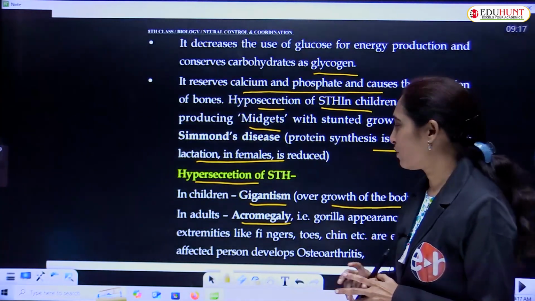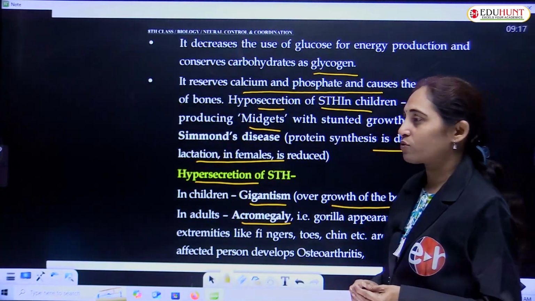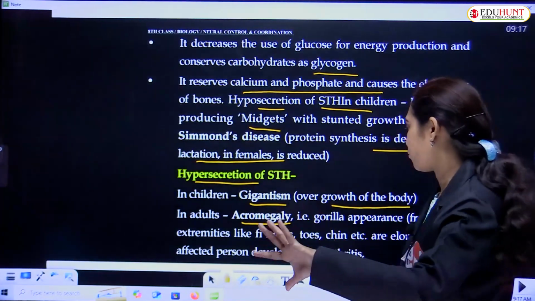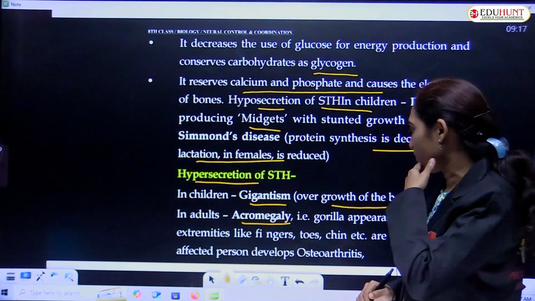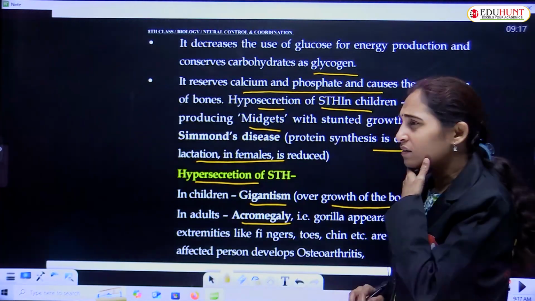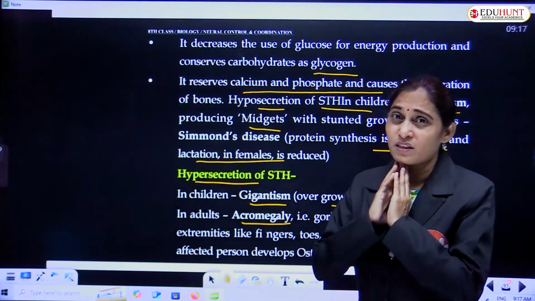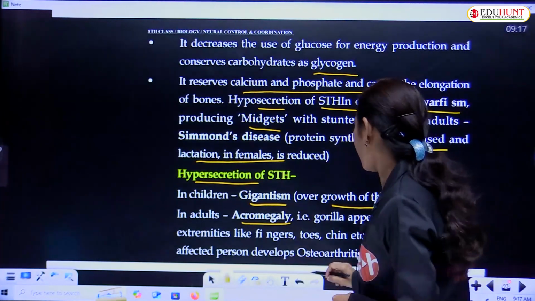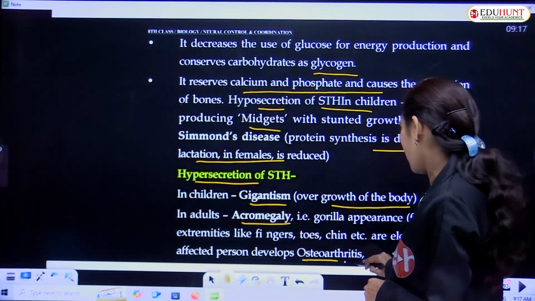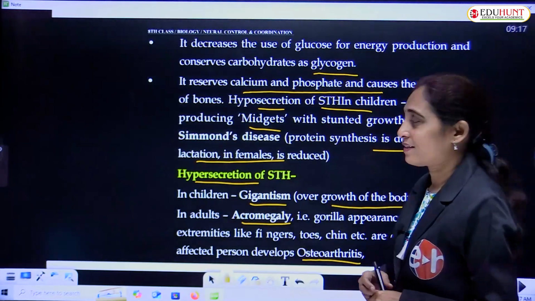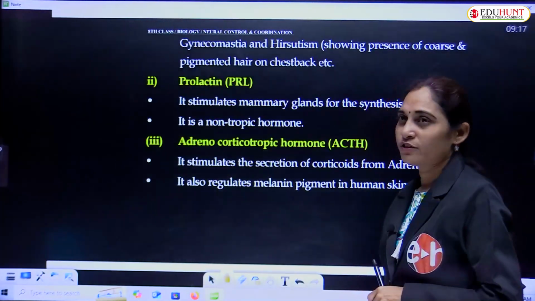Acromegaly means a gorilla-like appearance, with enlargement of the free ends of extremities like fingers and toes, and even the chin, with hair-like structures appearing on the chin. The affected person also develops osteoarthritis, that is painful joints.